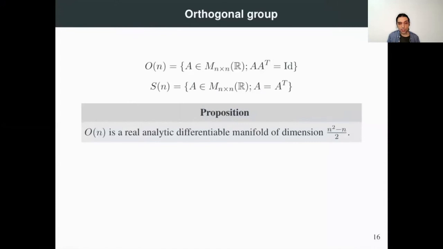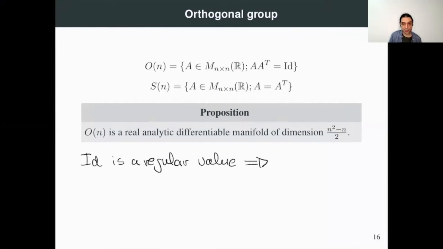And the proposition is that the orthogonal group is a real analytic differentiable manifold of dimension n squared minus n divided by 2. Okay, so before getting into more details, what we want is actually showing that the identity of that map F that we were considering in the previous slide is a regular value.